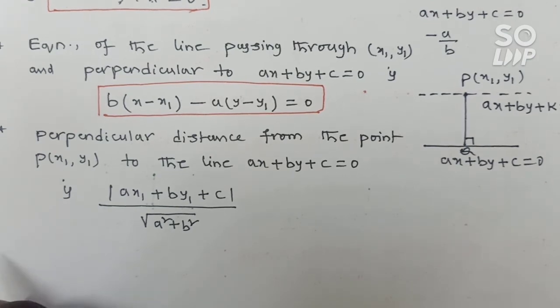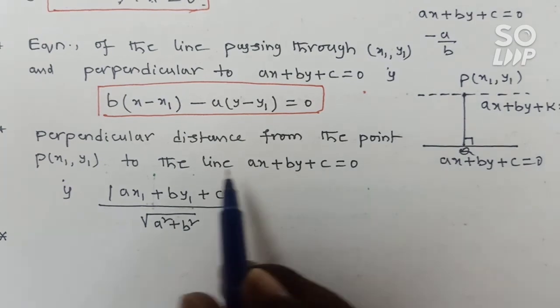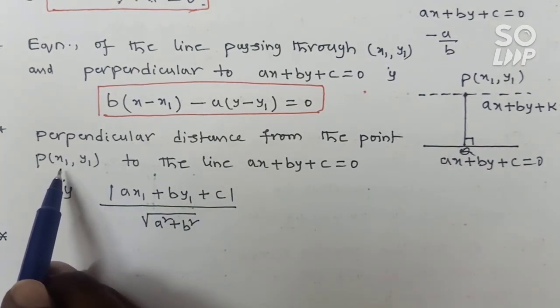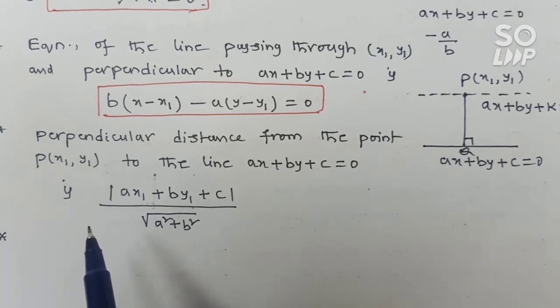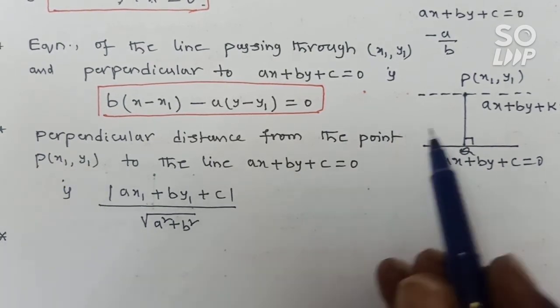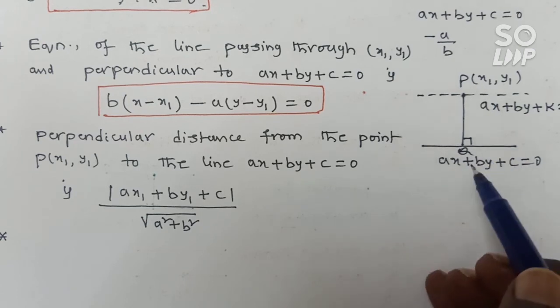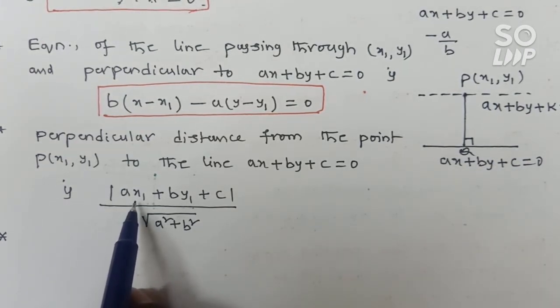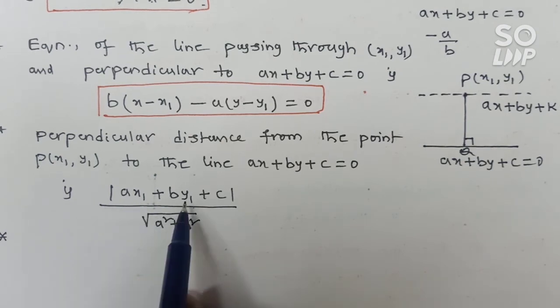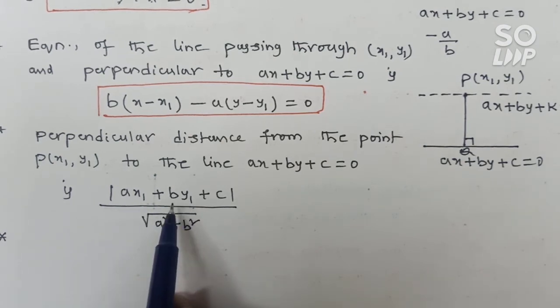See, the next point is, suppose we take x1 comma y1 as 0 comma 0, that means the perpendicular distance from the origin to the line. Now here you put x1 equals 0, y1 equals 0.